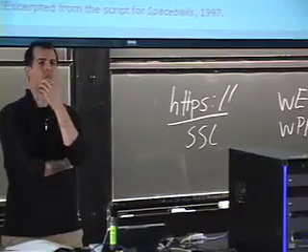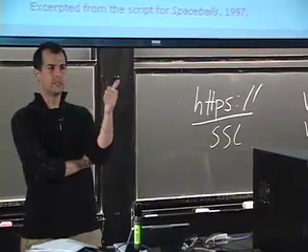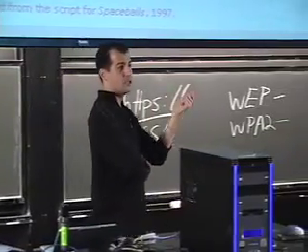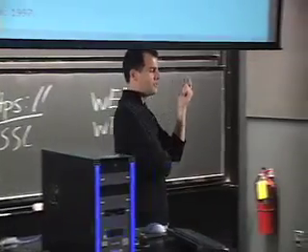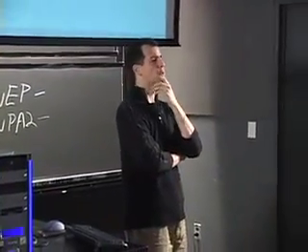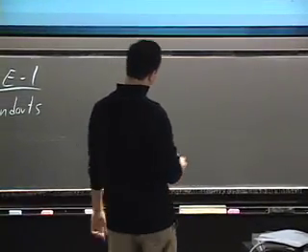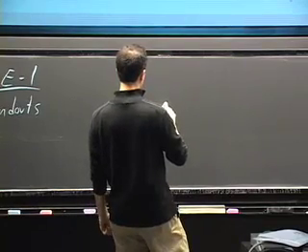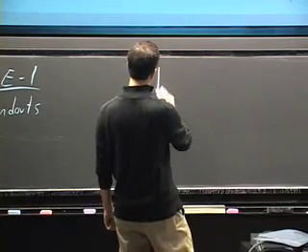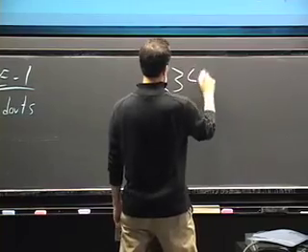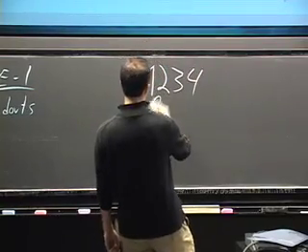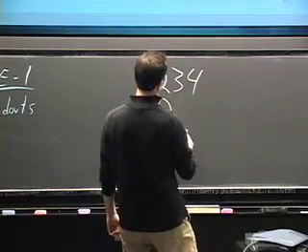So passwords. Use letters, use different capitalization, use special punctuation symbols. What about this? What about being clever and saying, you know what, instead of having a password of 1, 2, 3, 4, why don't I use an L2?